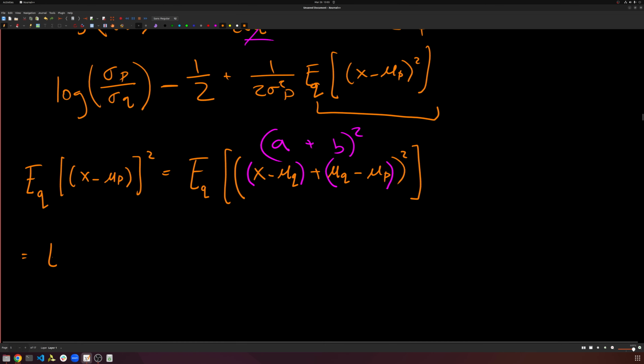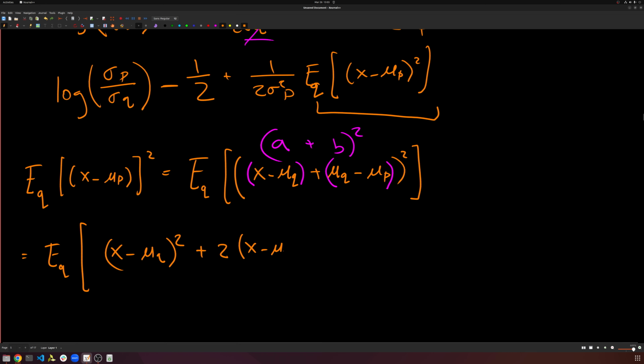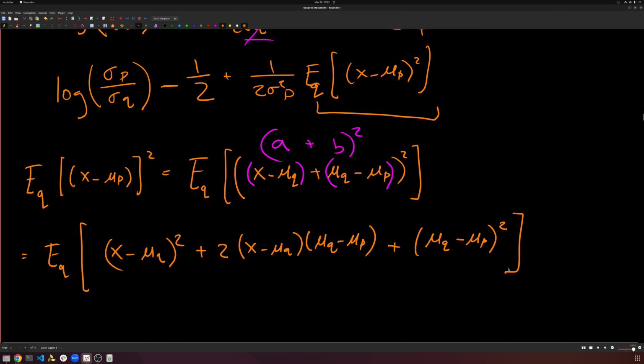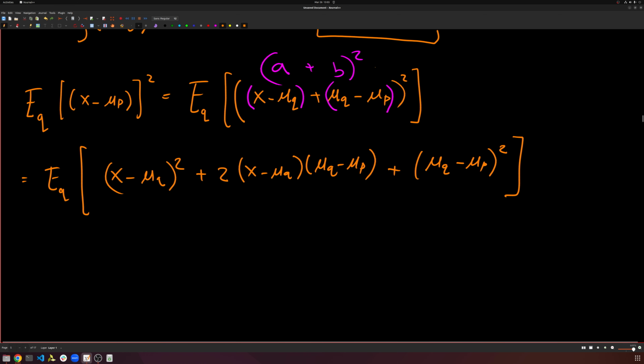That's going to be expectation Q of the first thing squared, so X minus mu Q squared, plus 2 times X minus mu Q times mu Q minus mu P, plus the last thing squared, mu Q minus mu P squared. That's just me doing a plus b whole squared is a squared plus 2ab plus b squared, right? Nothing crazy. And so now let's go ahead and distribute our expectation through everything.